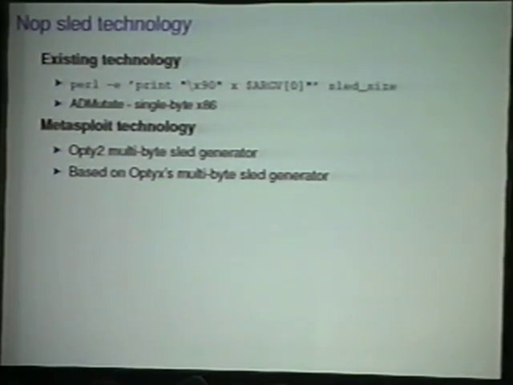Existing NOP sled technology: everybody knows 0x90, and that's used a lot. Even Core Impact and Canvas both still use 0x90 sleds a lot. So that's very signaturable. ADM Mutate came out a while ago, and it had a single-byte x86 NOP generator that would use different 1-byte opcodes. 0x90 is just a no operation, but there are other things: setting flags, clearing flags, things that do something but aren't going to affect the execution.